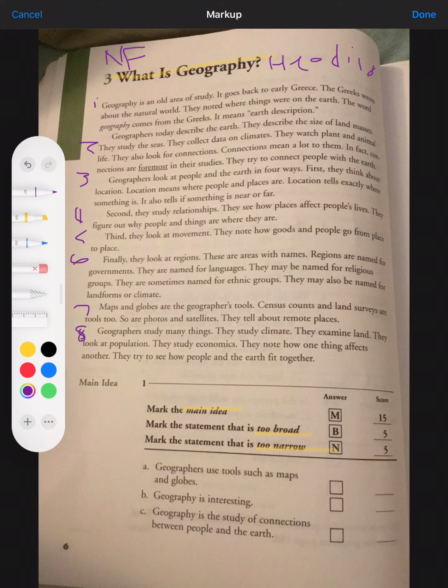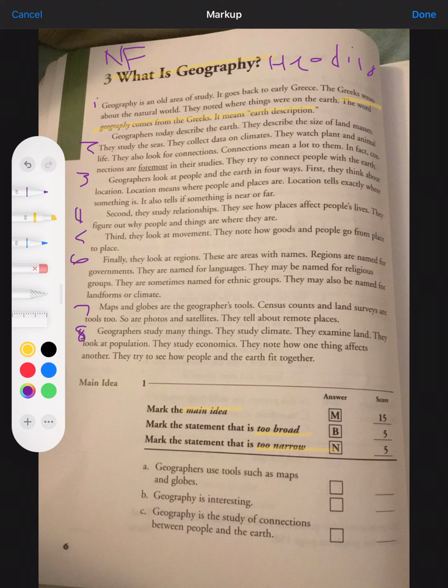All right, so let's start reading. Geography is an old area of study. It goes back to early Greece. The Greeks wrote about the natural world. They noted where things were on the earth. The word geography comes from the Greeks. It means earth description. So highlight here because I believe that is one of your questions.